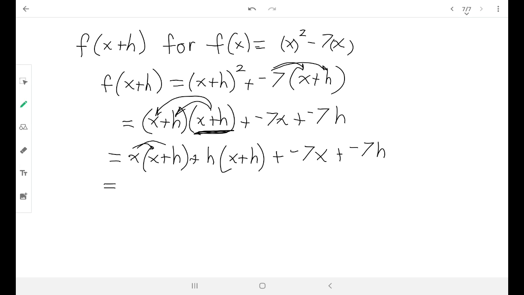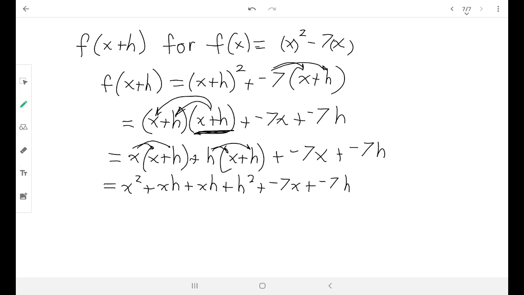And then I have to do those distributions right there. So I've got x times x, which is x to the second, plus x times h, plus that plus right there, h times x, which I can also write as x times h if I want to. I could write them as hx too, plus h times h, which is h squared, plus negative 7x, plus negative 7h.